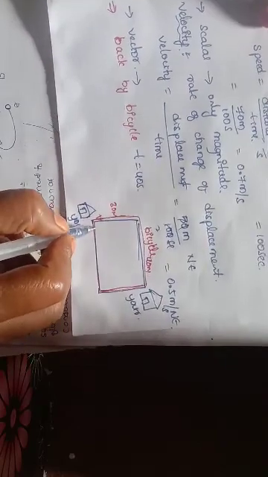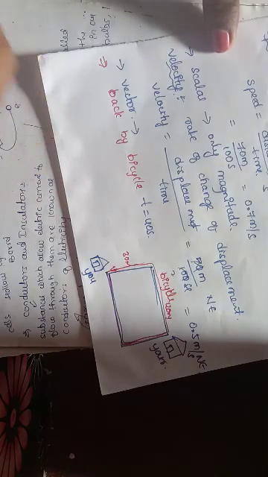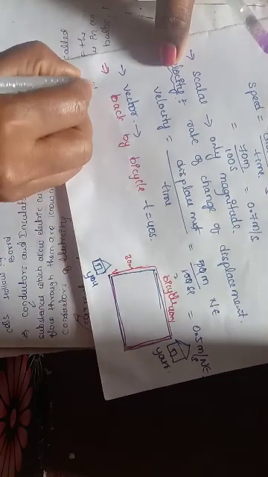You can see this rectangular park. The total distance traveled in this entire journey is the perimeter of a rectangle. Perimeter of a rectangle is equal to 2 into (L plus B). You already know. If you find that, how much will you get? Total distance.